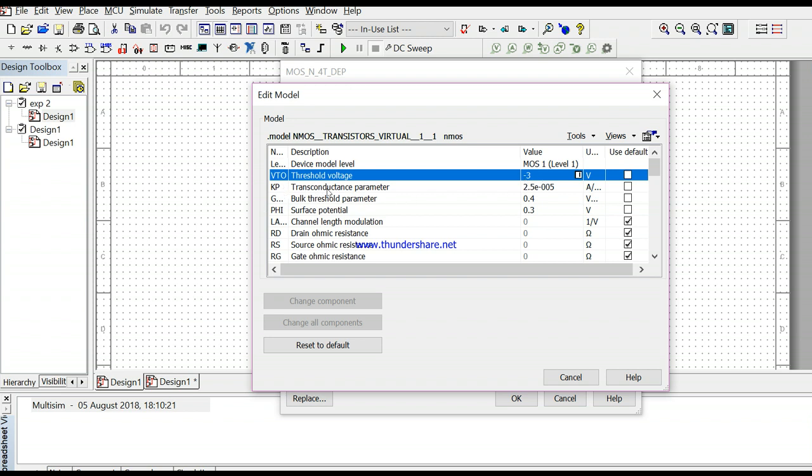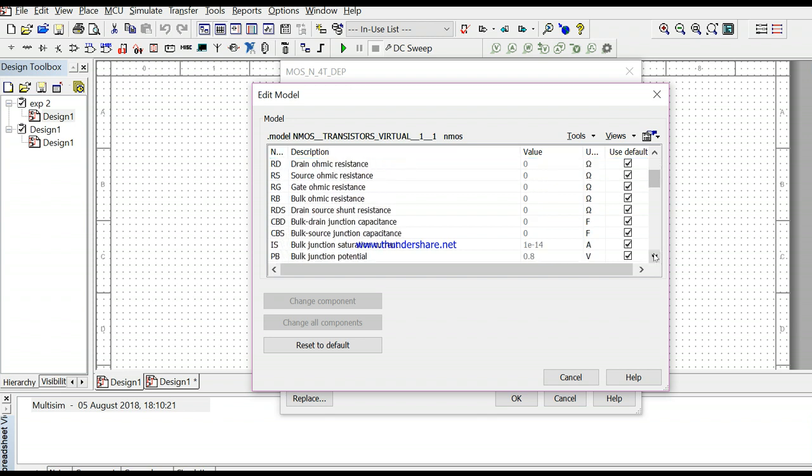Similarly, Kp, that is the transconductance parameter, is 25 microampere. So I have written it over here. Now W by L, width and length. So I have taken 1/3 as my W by L ratio of the load. So I have taken here 1/3, 1 micro by 3. It's 1/3 only.